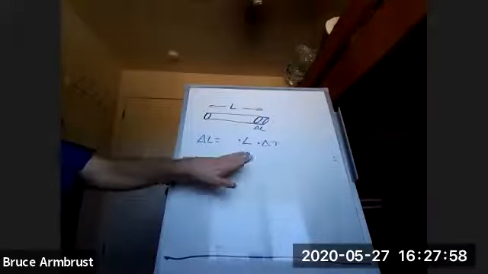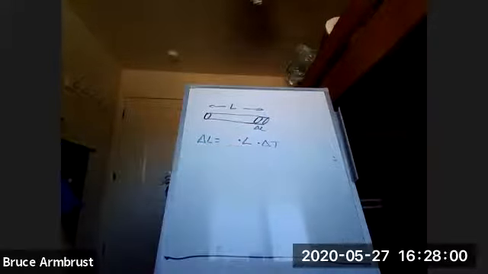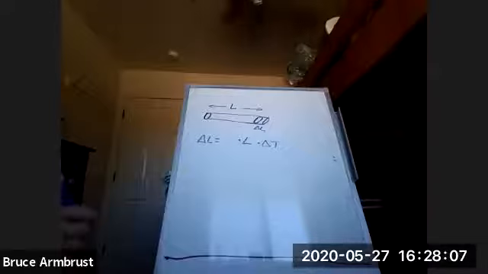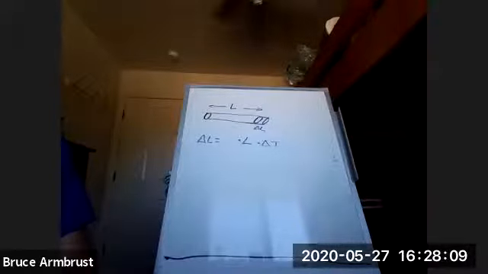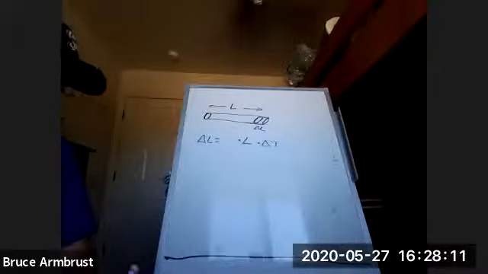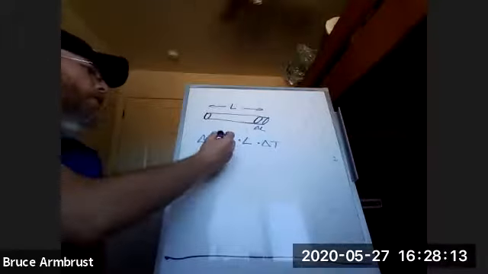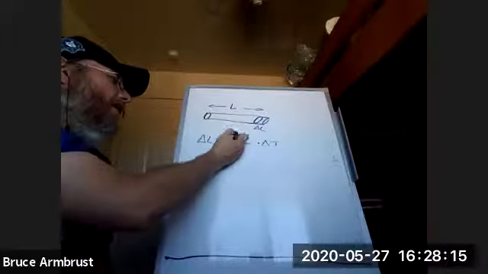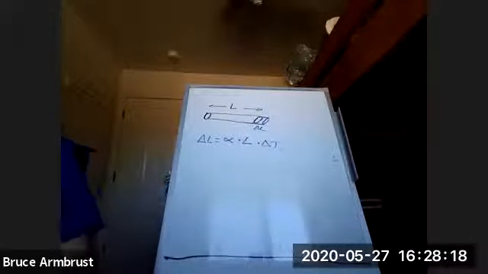So if you reason it that way, it makes total sense that it should depend on the initial length. But then it also is going to depend on the material itself, right? Is it aluminum? Is it wood? Is it glass? And so we're going to put on here alpha.